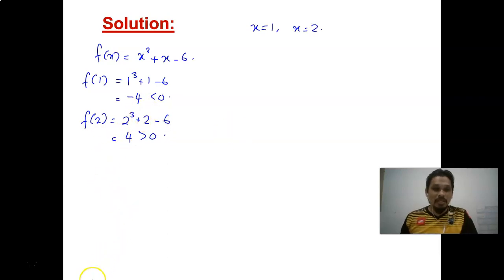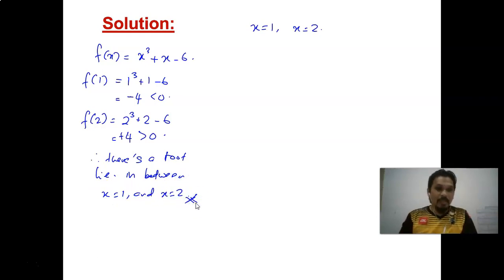So you can see here now that the sign changes from negative to positive, or from values less than 0 to greater than 0. So then there is a root that lies between x equal to 1 and x equal to 2.